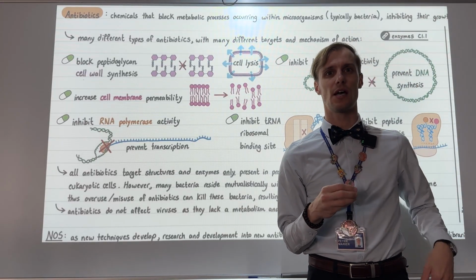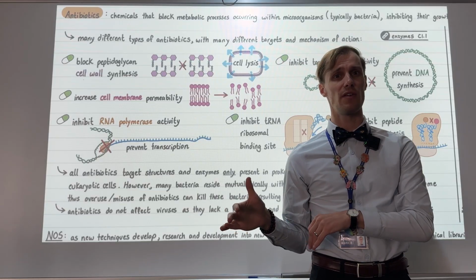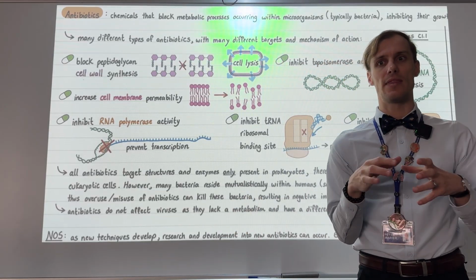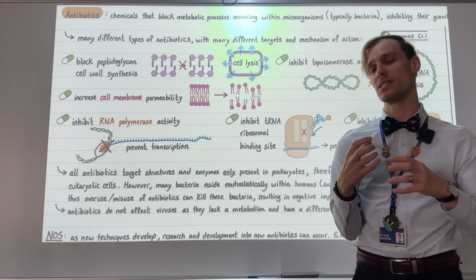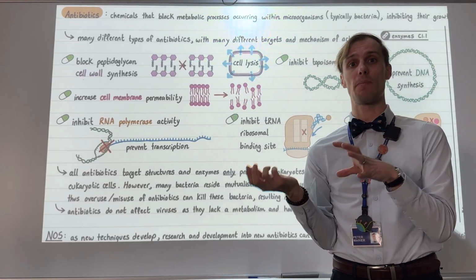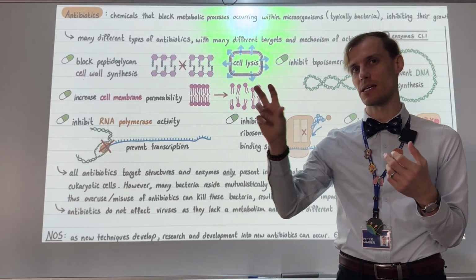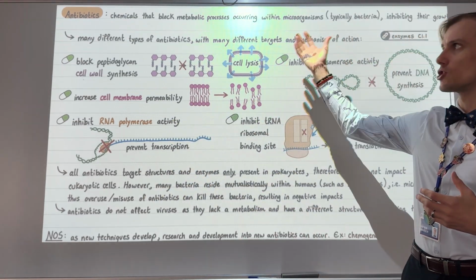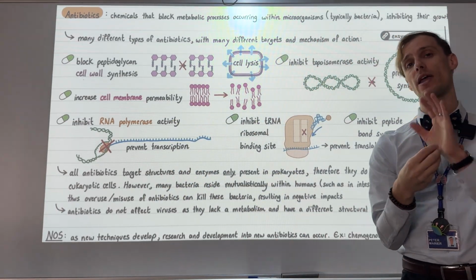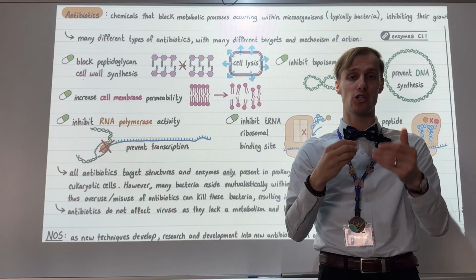Similarly to what we just discussed with treatments for HIV, once you understand the metabolism and how a specific organism actually replicates and works, you can target various aspects of that process. So in terms of antibiotics, they're going to target processes that are specific to bacteria.